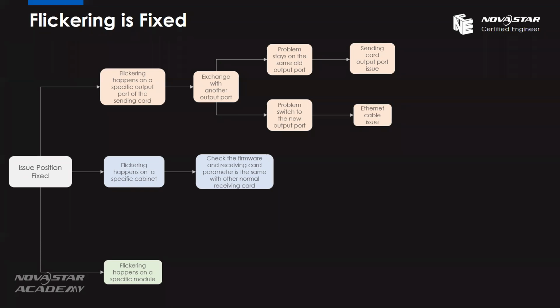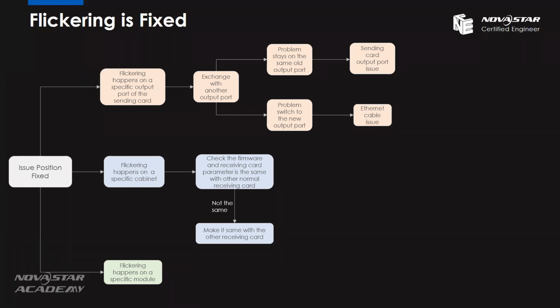If it's not the same, for sure we need to make it the same. We need to upgrade the same firmware to this receiving card, and we can try to read back the RCFG file from a normal one and load it to this abnormal one to check whether the screen can work normally or is still flickering.